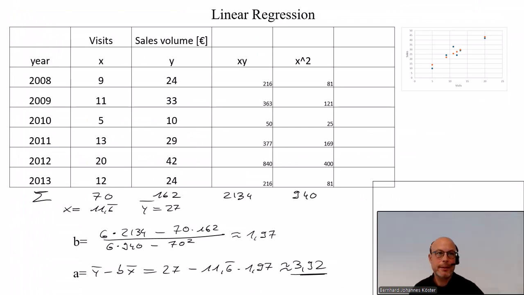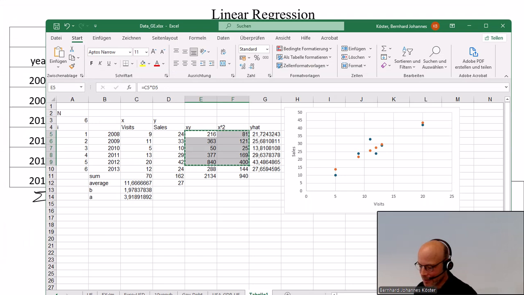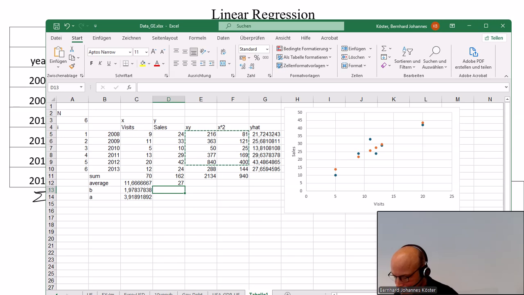So this is a linear regression done by hand, and now think that you have a huge data set. Then it's not very funny to do all this, and for this you of course have the formulas directly to calculate this, and B was the slope.